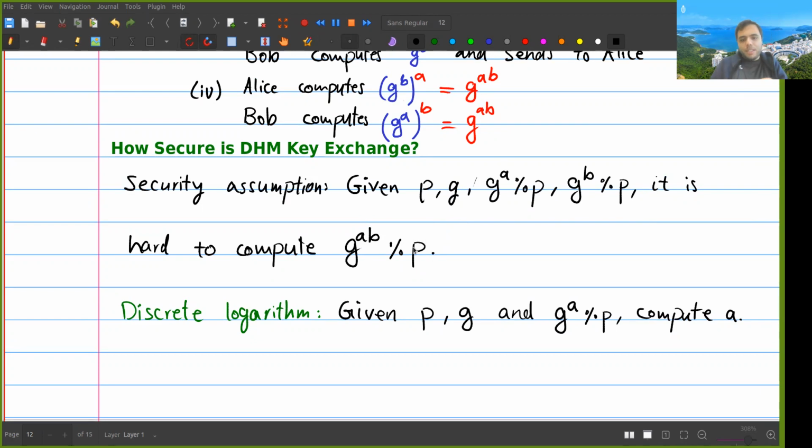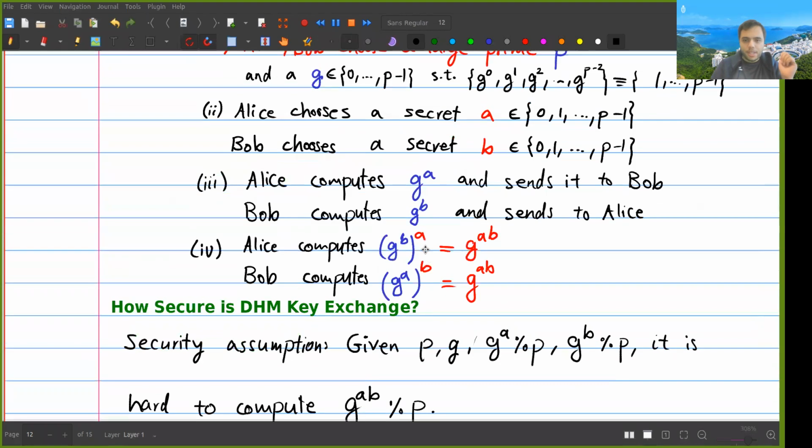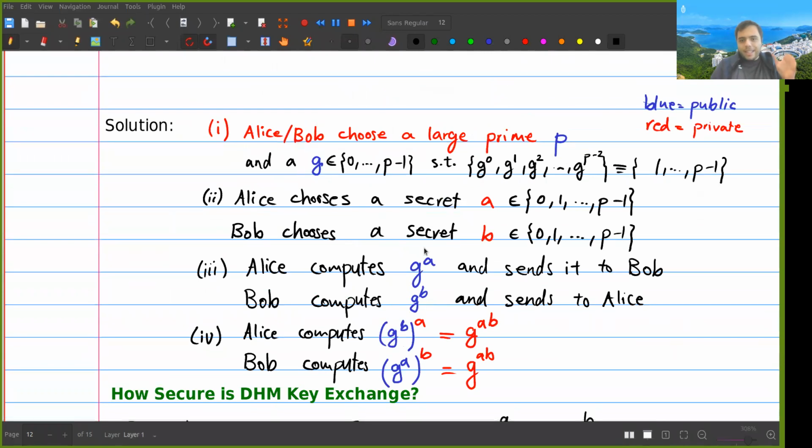Or if P minus 1 can be written as a multiple of small primes, then there are some algorithms that will break this. So again, it's hard to break this crypto system in general, but for some specific values of G, A, B, and P, it might get broken. So you should just use a standard implementation that avoids those corner cases.